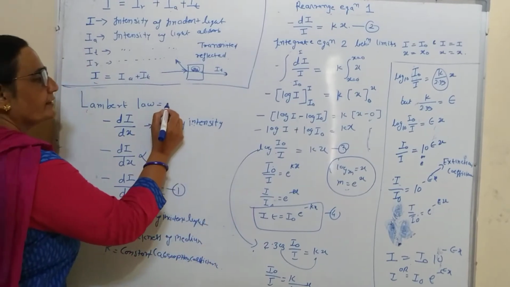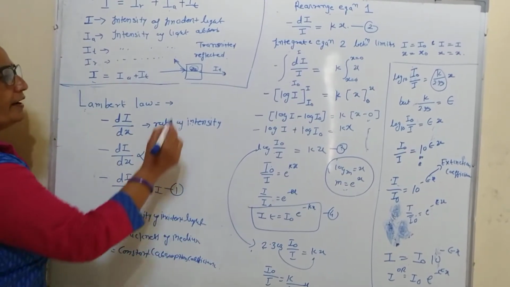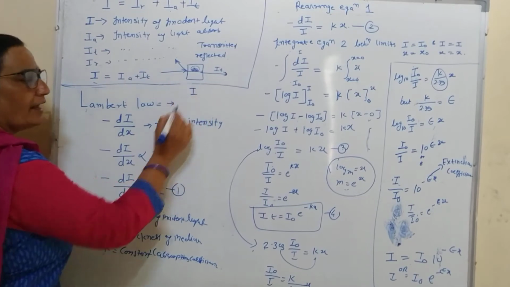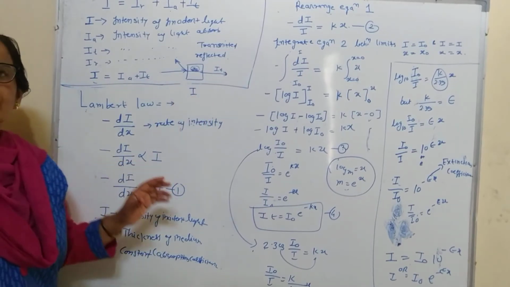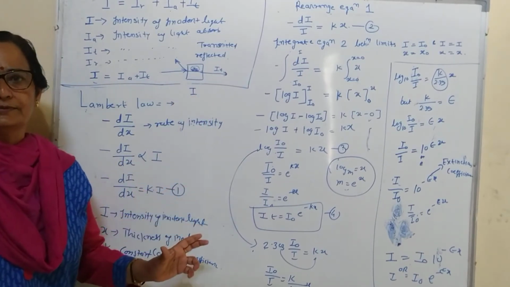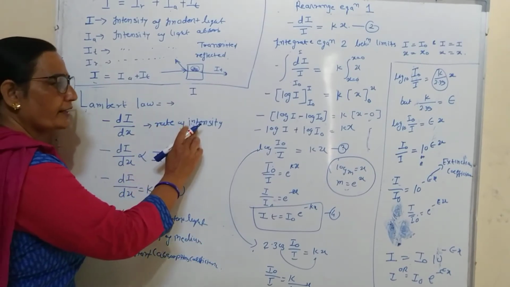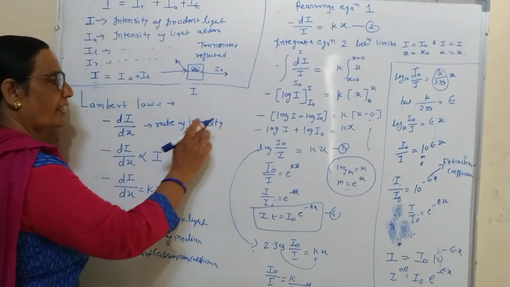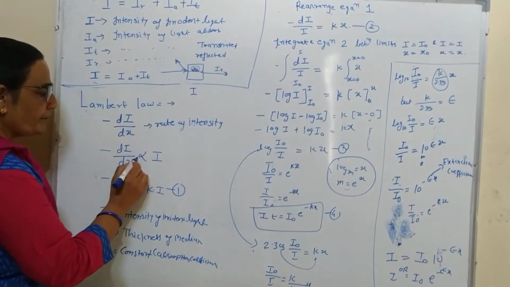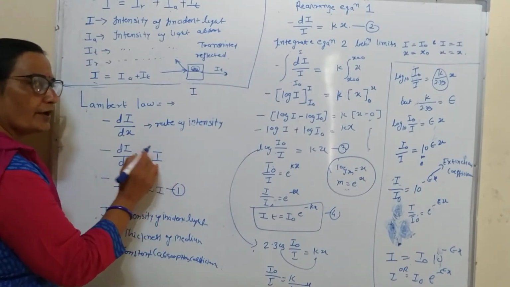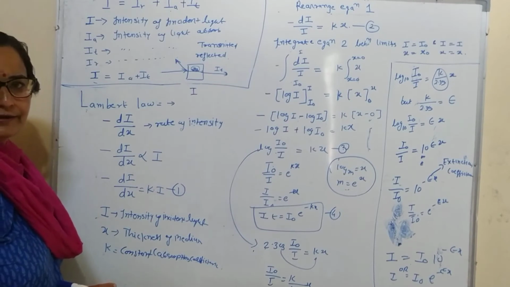This law states that when intensity of an incident light passes through any substance, the decrease in rate of intensity of incident light is directly proportional to intensity of incident light.